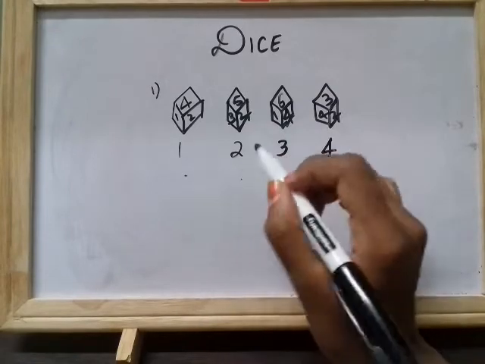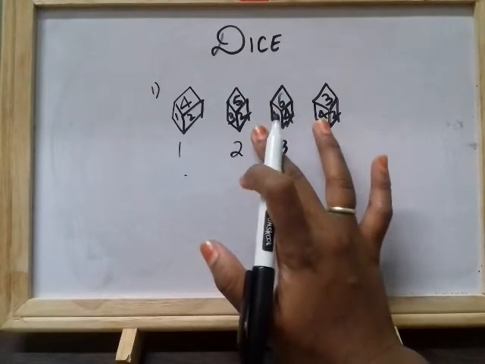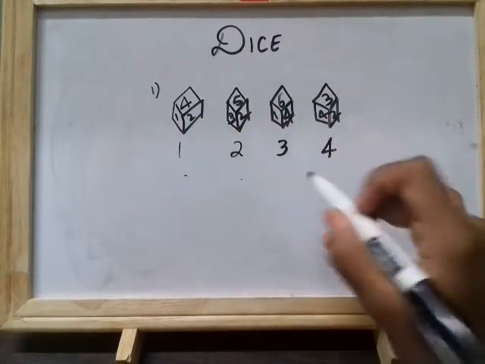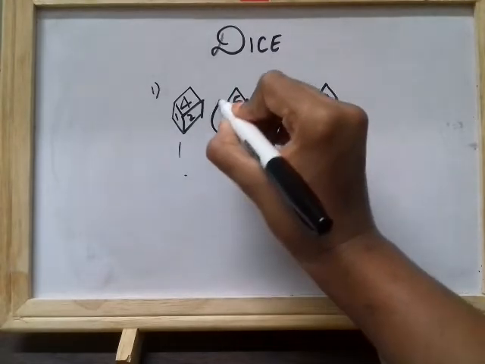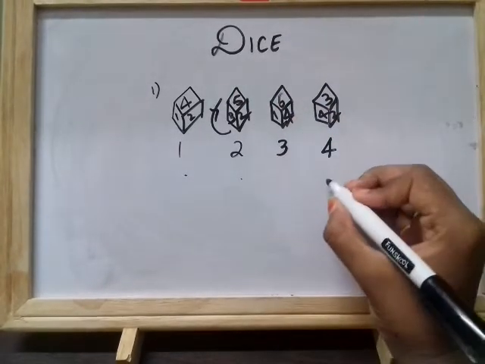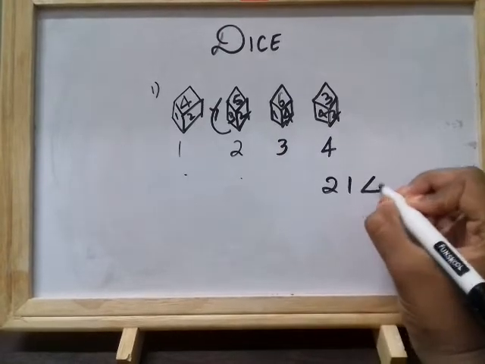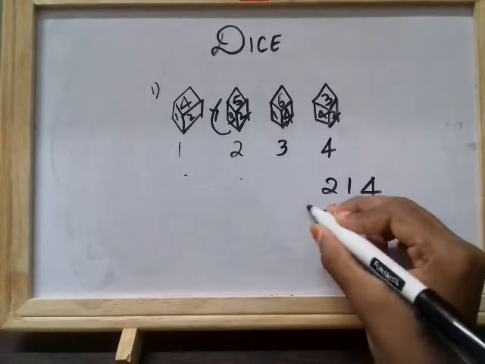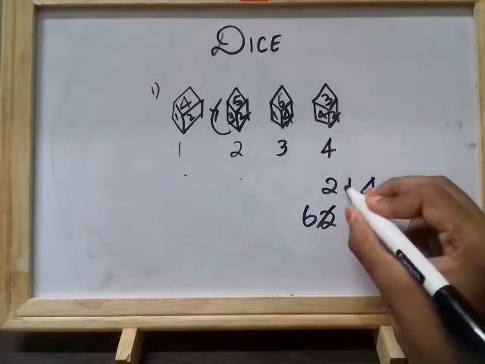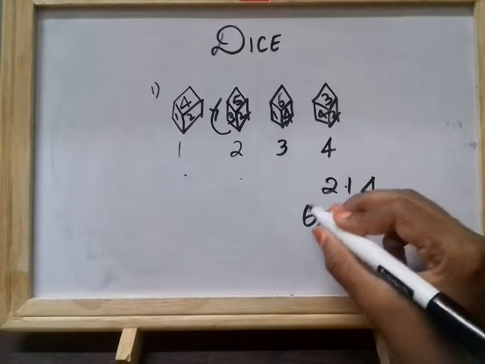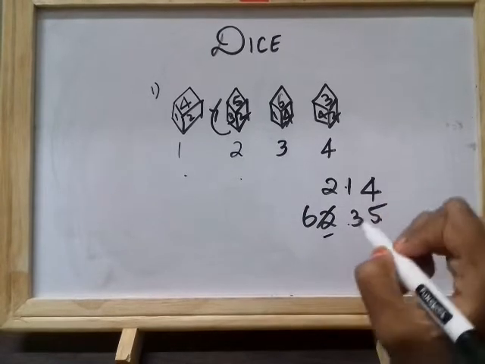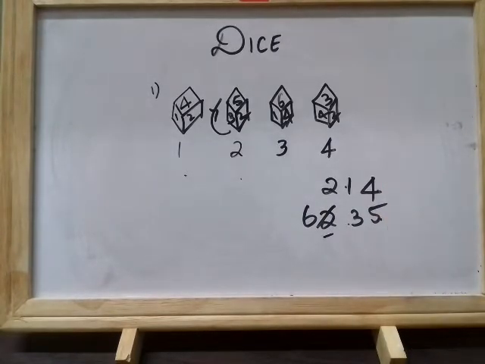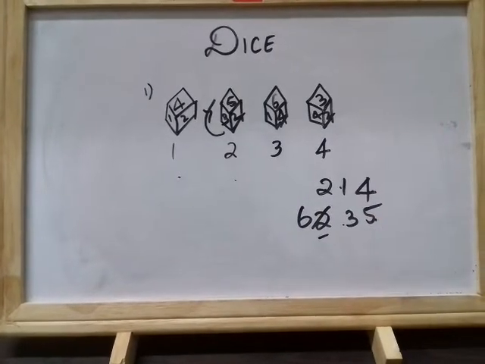Here placement 1 and 2 have only one number common. So write them in clockwise direction: 2, 1, 4, 2, 3, 5. So 4 is opposite to 5, 1 is opposite to 3 and 2 is opposite to 6. Here we have taken 6 because the only left out number in the dice is 6.